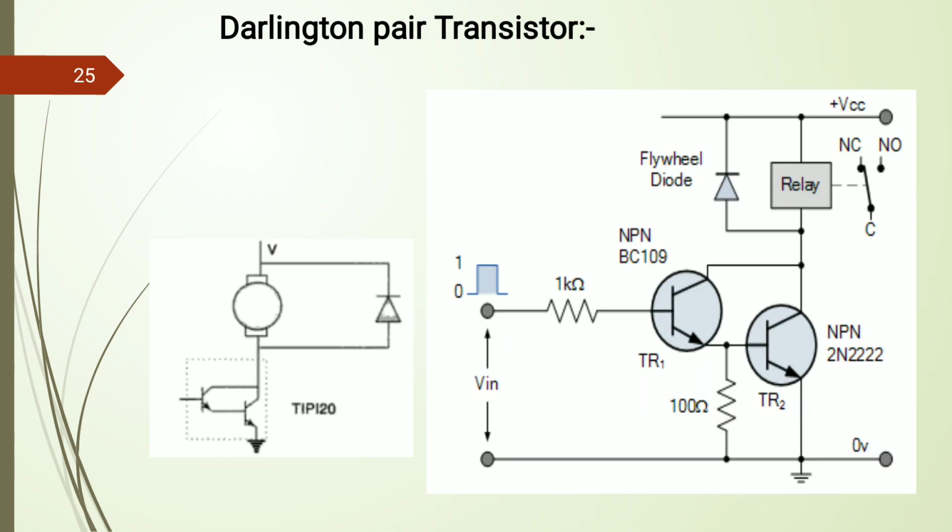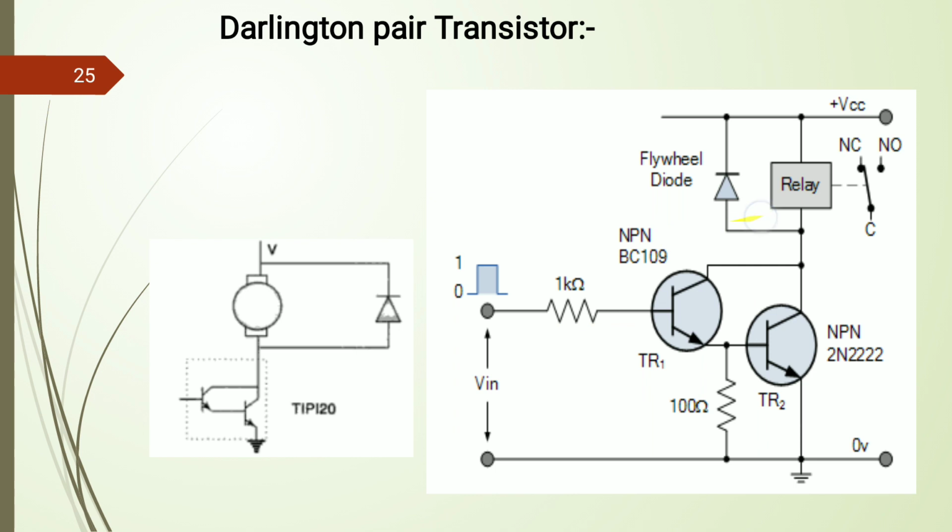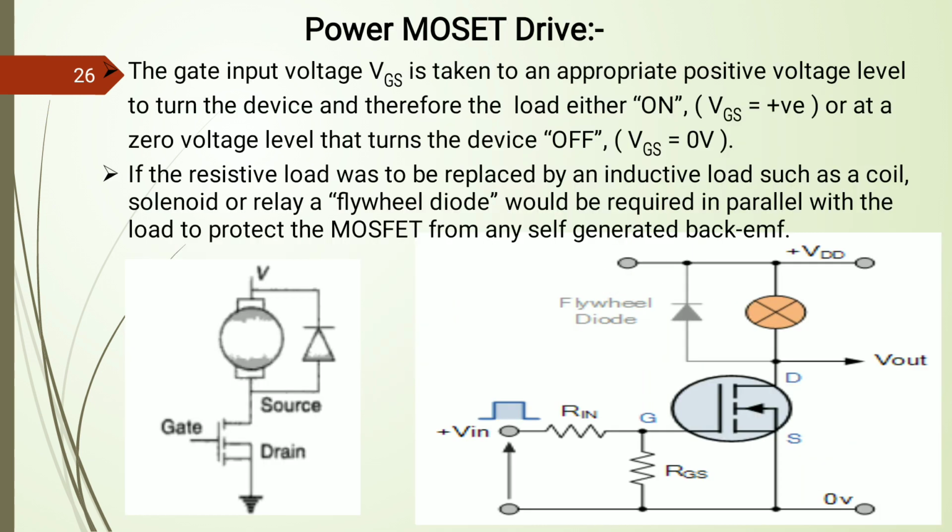To avoid this, a diode is connected in reverse order, which is called a freewheel diode. It is activated only when the back EMF is generated, otherwise it is in reverse bias mode. So this is a protection diode used to protect the circuit. So this is related to the Darlington pair.